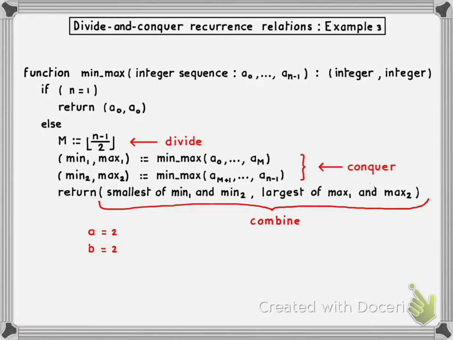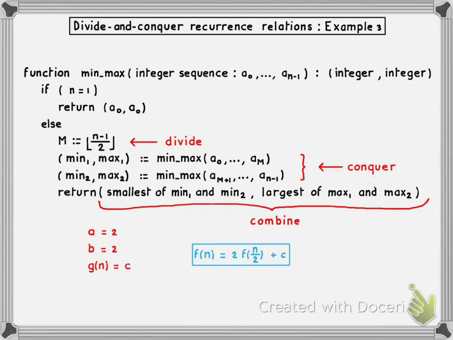This number of operations does not depend on n. So this is constant time, and this is constant time. There might be two different constants, but when you add them up, g of n is some constant c. So in conclusion, f of n is defined as 2 times f of n over 2 plus c, and that is the final form of the recurrence relation for this divide and conquer algorithm.